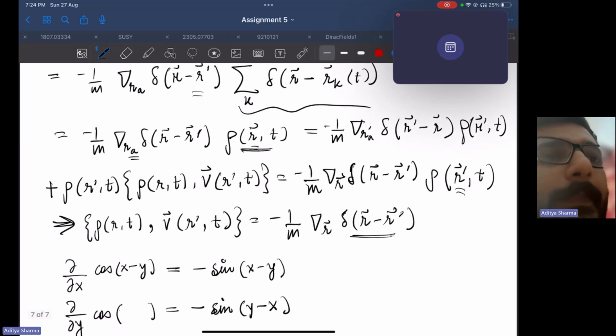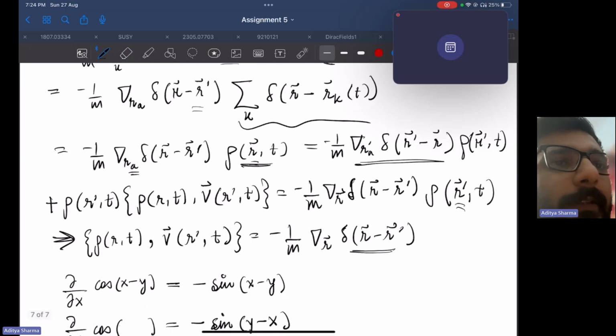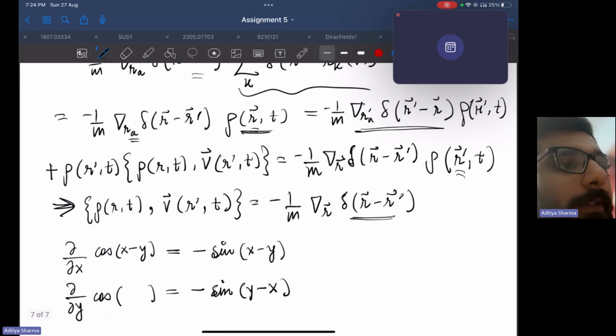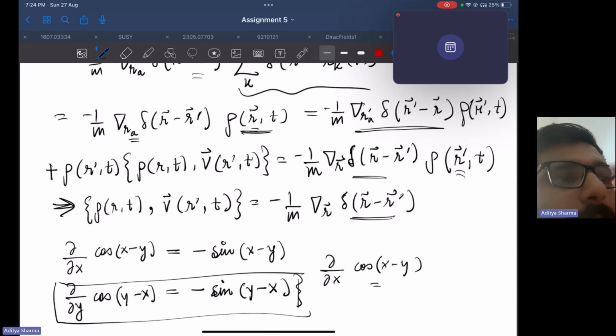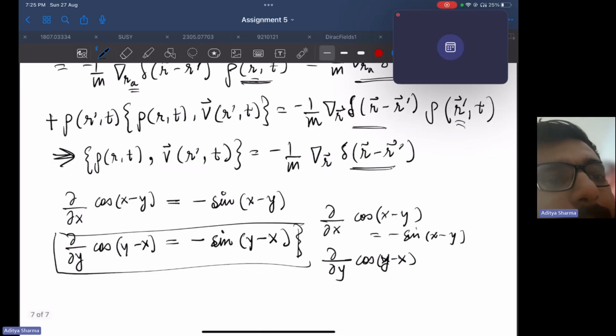So here we should have had something like this, which is dy of cos(y minus x), which is going to be this. This is the renaming of variables. So it's like y going to x. But in this case, if you see, I have something like d dx now, cos(x minus y) minus sin(x minus y).